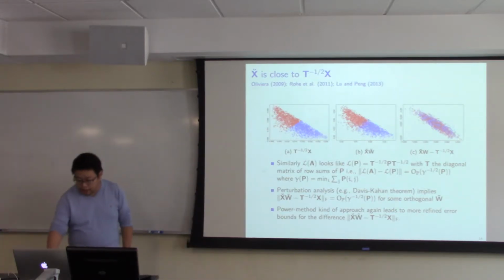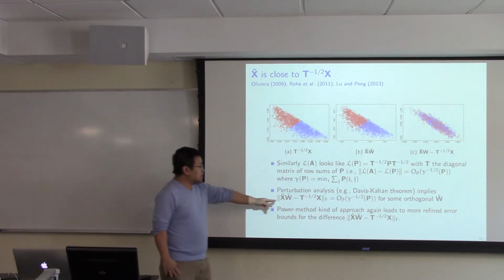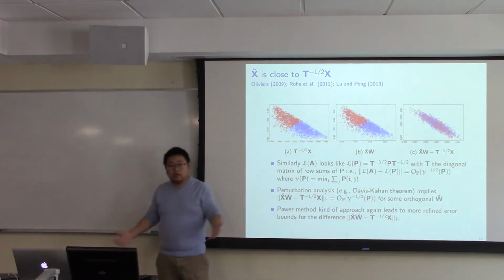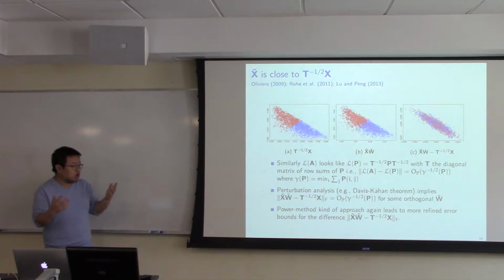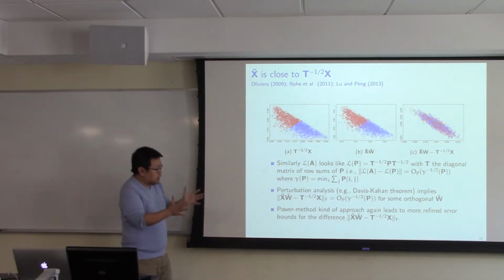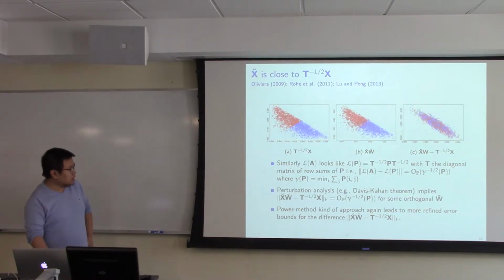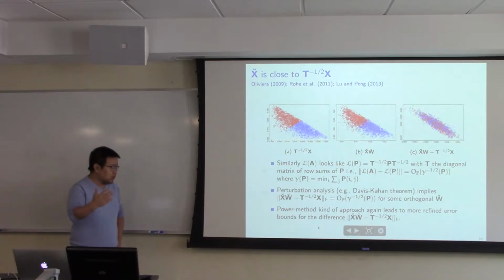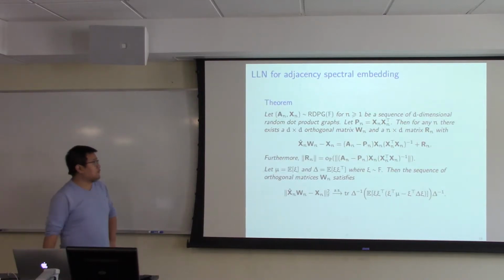In one case, I am representing my latent position X. In the other case, I'm representing a transformed version of my latent position X. So I cannot just compare them based on simple notions of distance. I have to do something a little bit more elaborate. But once again, this is an upper bound, and so I could do power method analysis to get a more refined, improved bound. That is what we have in this result here.